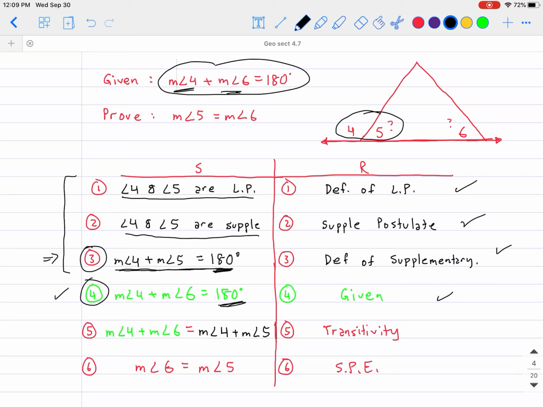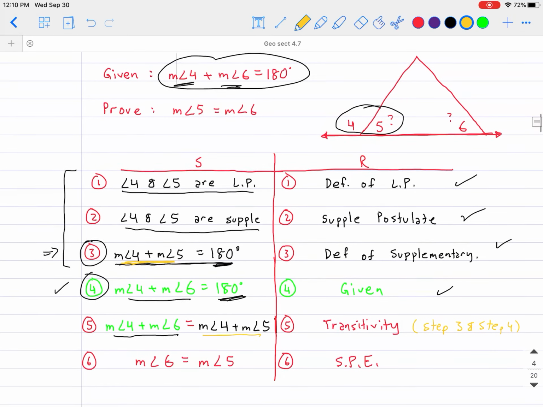Because they're both equal to 180 degrees, then I can say the measurement of angle 4 plus the measurement of angle 6, which is over here, is equal to the measurement of angle 4 plus the measurement of angle 5, which is located right here. So that, once again, is going to be transitivity, and that's from step 3 and also step 4.